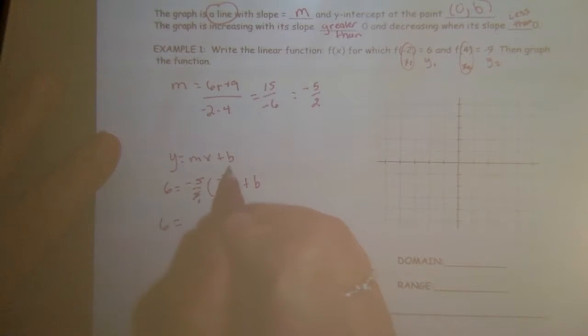The twos will reduce, and a negative times a negative is positive, so that gives us 5 plus b, so b equals 1.